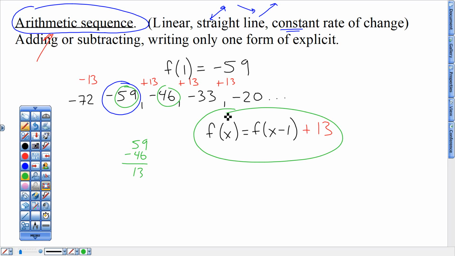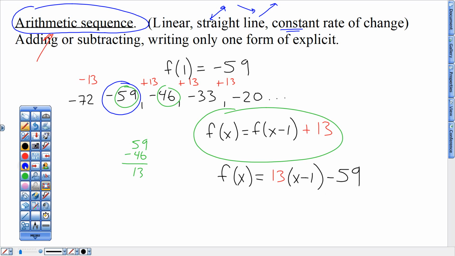And then for those of you listening to me, for the explicit form, just focus on 1. And if I was you, I would take that first term one, so you don't run the risk of messing up and not getting that negative 72. Just use that first term as it is, negative 59 right there.